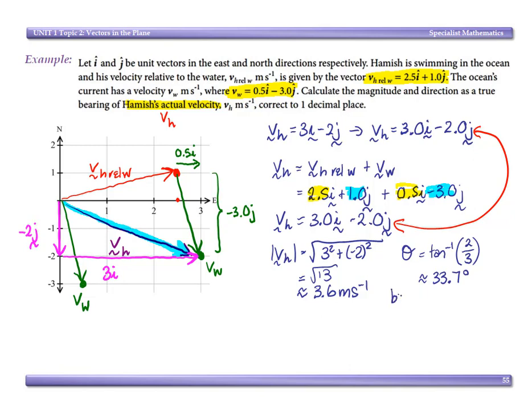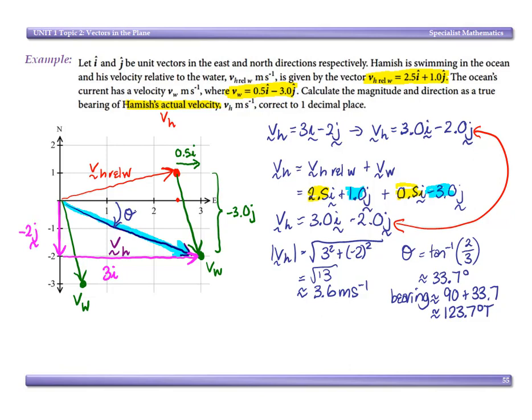The question asks for the bearing. So it's going to be approximately 90 plus 33.7, which is approximately 123.7 degrees true. Now note that angle is this angle theta there.